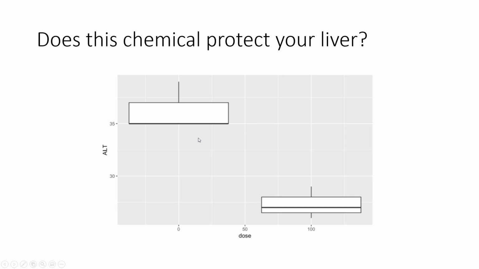And for those of you who aren't familiar with alanine aminotransferase, or ALT, ALT is a measure of liver injury. So what happens is as the hepatocytes start to lyse, they are releasing this protein, alanine aminotransferase, into the blood, and then we can measure that. And so if you were to get a physical and they take a blood test, ALT is one of the things that they'll be measuring.